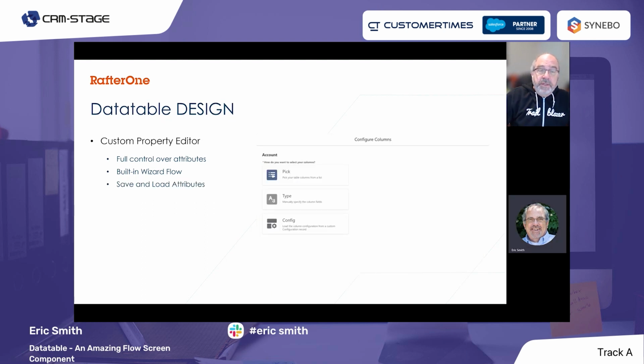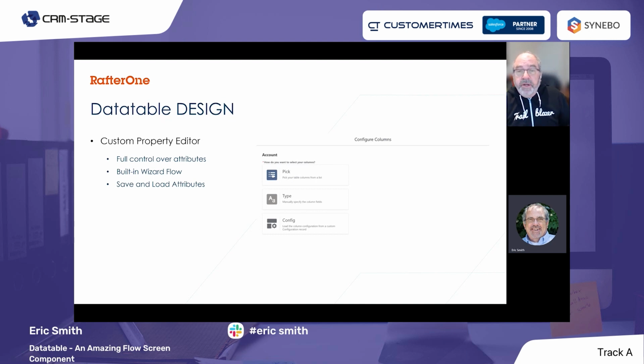Not only can we use this wizard to set up all of those attributes, I also give you the ability to, once you've configured a data table, save that configuration. You can give it a name, you can save that, and then later on, if you're building another flow or even in the same flow, where you want a table to be configured exactly the same way, with the same column headings, order, column widths, all of that, you don't have to reconfigure it manually each and every time you want to make a table look like that in a flow.